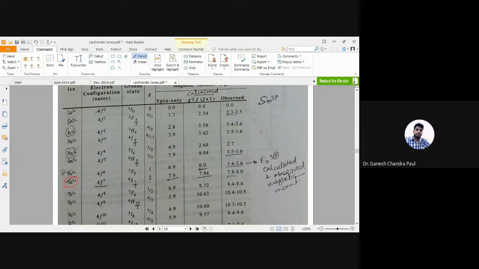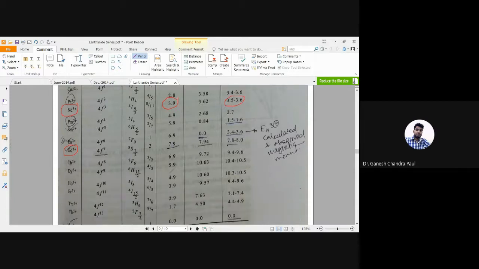Now if you just look at the neodymium, the spin-only value is coming around 3.9. You can see that it is coming around 3.9, but the observed value is 3.5 to 3.6. Okay, sorry, it is quite a huge difference. So that means only gadolinium is the correct answer, right?